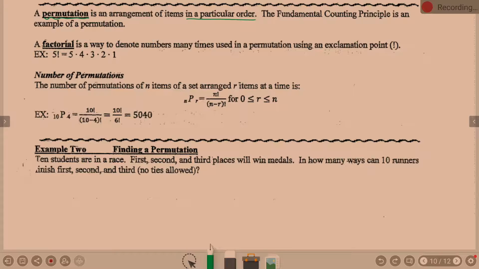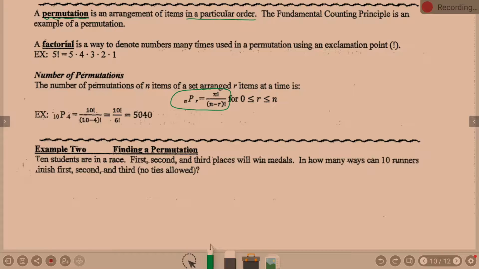Number of permutations. Permutations can still be done setting up the blanks like what we've been doing, but we can also think of it in a different way. Number of permutations of n items of a set arranged r items at a time.